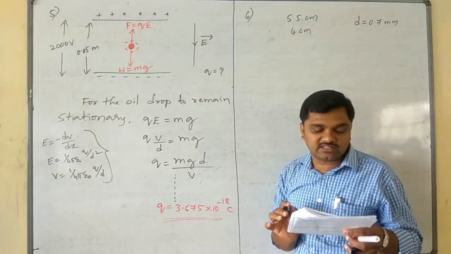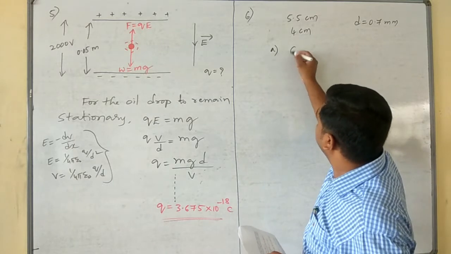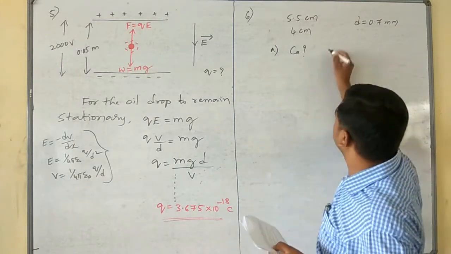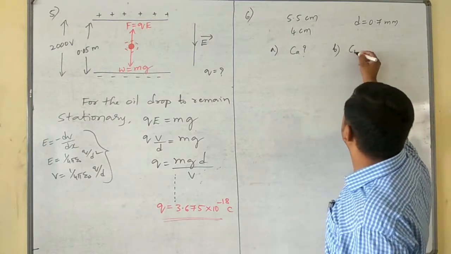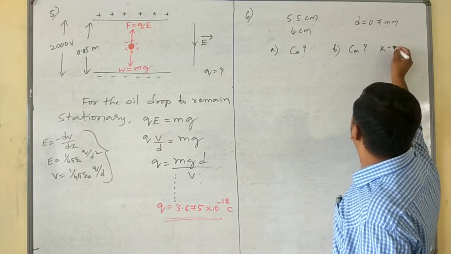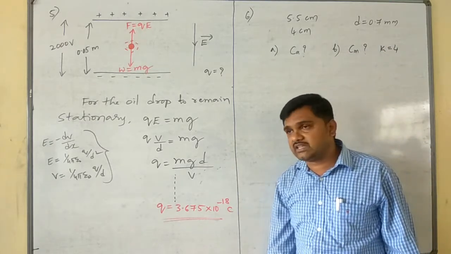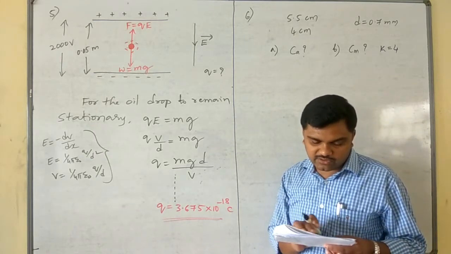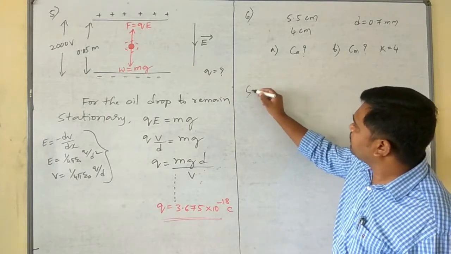Calculate the capacitance of the capacitor when it is filled with air. Ca is question mark. And the second one, when it is filled with a medium of dielectric constant 4. Cm is question mark and K is given as 4. Dielectric constant, otherwise relative permittivity. Okay. Here what we want to find out means capacitance. What is the formula for capacitance?